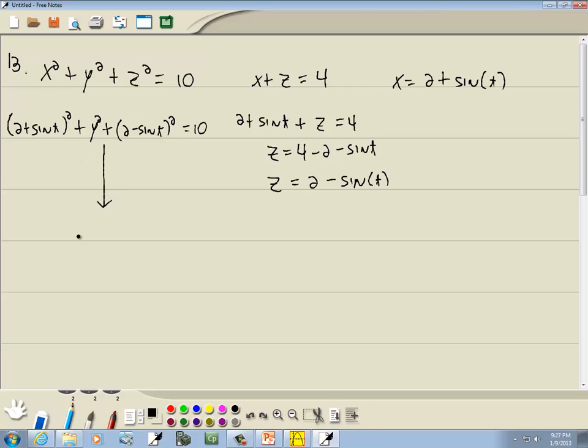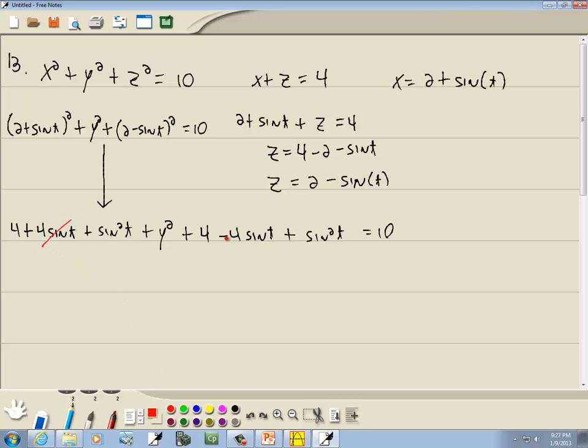When I FOIL this, 2 plus sine t times 2 plus sine t gives me 4 plus 4 sine t plus sine squared t, plus y squared. When I FOIL the other one, I get 4 minus 4 sine t plus sine squared t, equals 10.